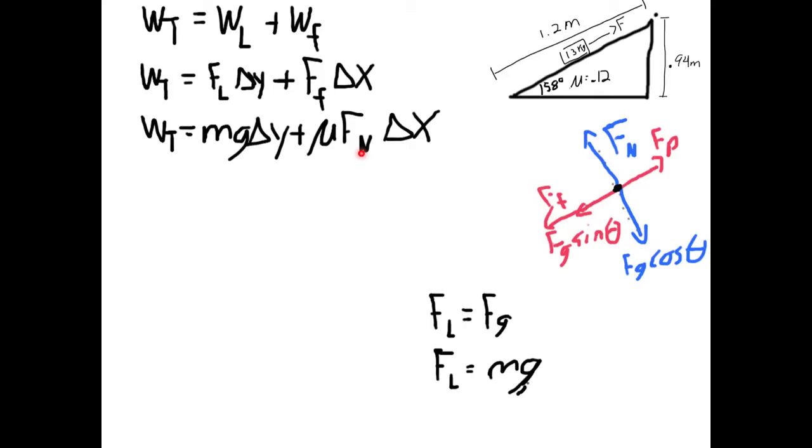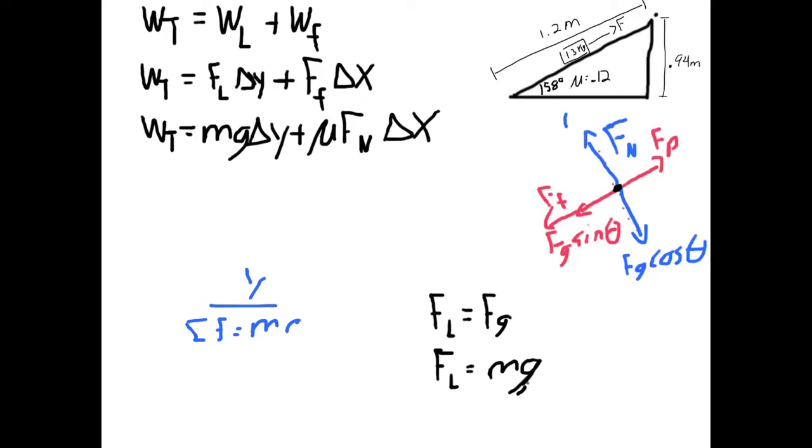To do that, I need a free body diagram of the object tilted on the axis, right? Because I'm actually looking here at sliding it up the ramp. That's where friction is acting, along the length of the ramp, tilted. So that's my tilted free body diagram. Notice Fg sine theta is gravity going down the ramp. Fg cosine theta is gravity going into the ramp. And here, to get normal force, all I need is the y-axis. So I'm going to go ahead and set that up for us. Y-axis, sum of the forces equals ma.